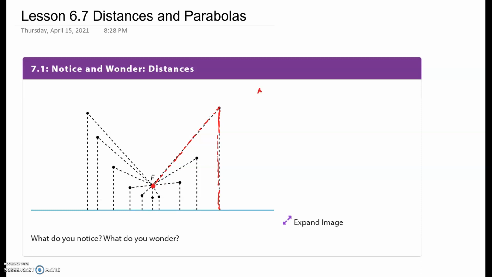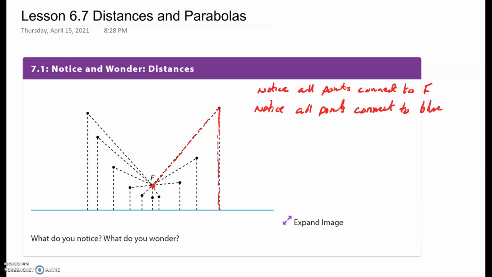Okay, so notice all points connect to F, and notice all points connect to the blue horizontal line.